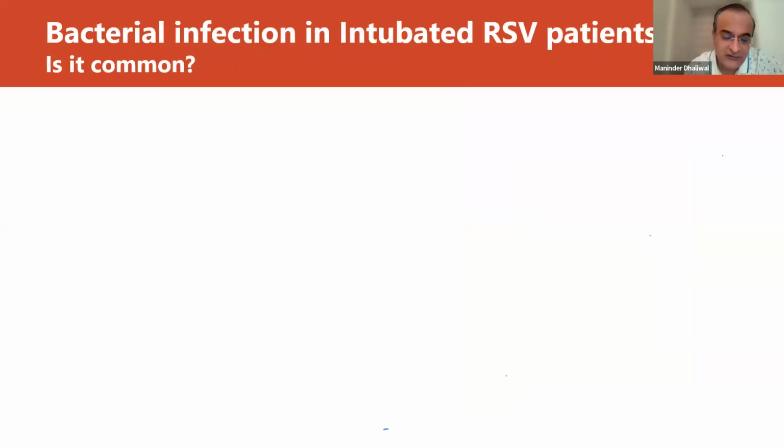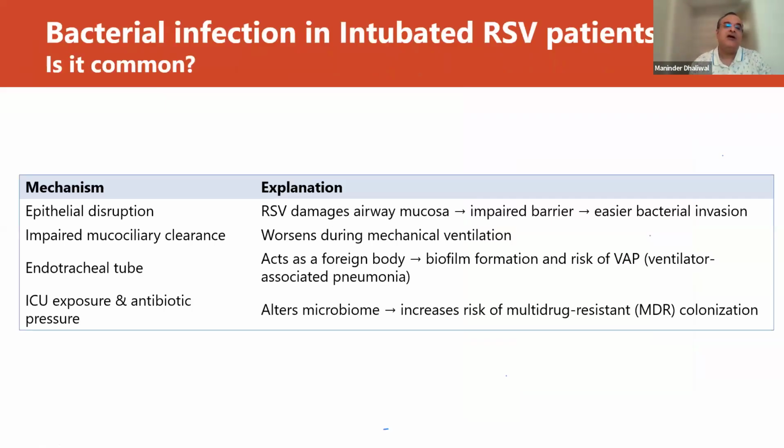And bacterial infection in these patients, yes. Not in ward patients, not in PICU patients who are on HFNC. But despite HFNC, if they are worsening, then you might consider antibiotics in those who continue to have high-grade fever spikes, because they do disrupt the epithelium, they do disrupt the mucociliary clearance, and if there's an endotracheal tube inside, you might consider that this patient is going to have an MDRO or another infection from your ICU.